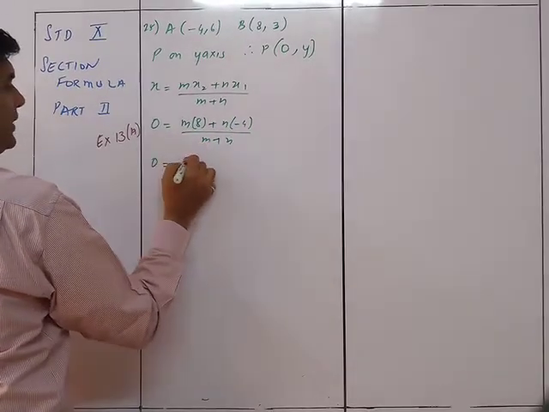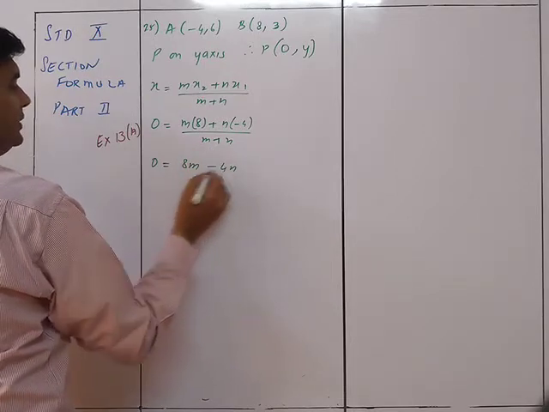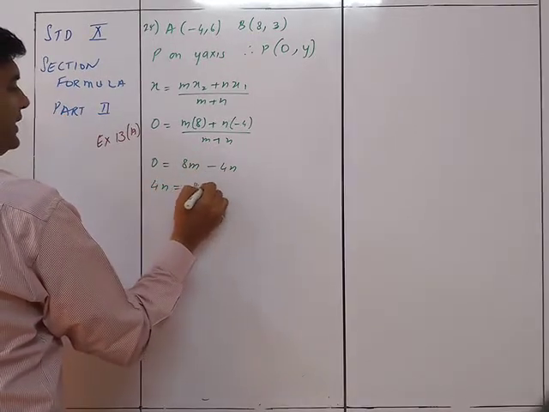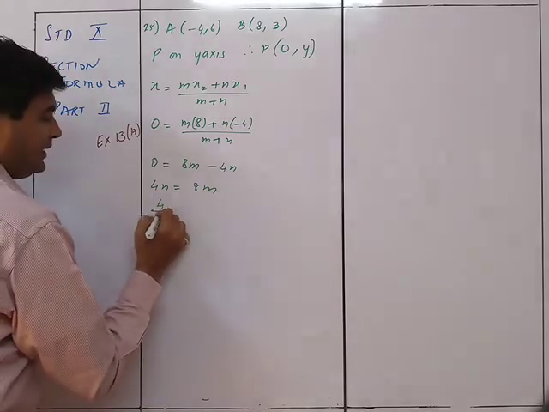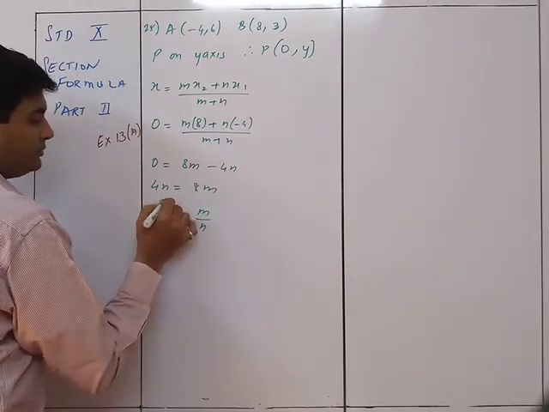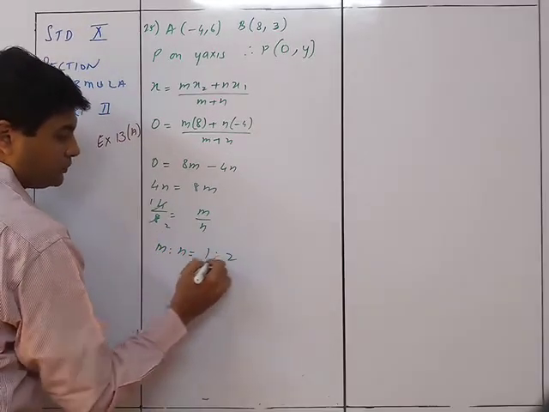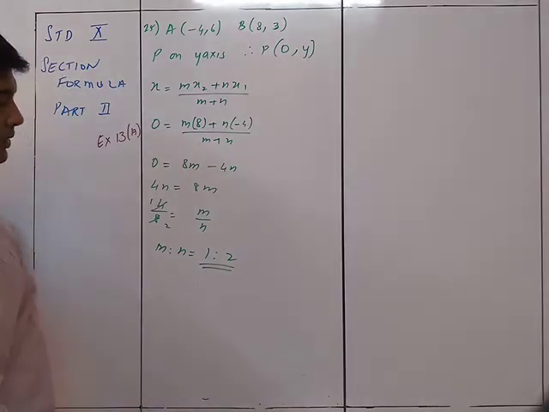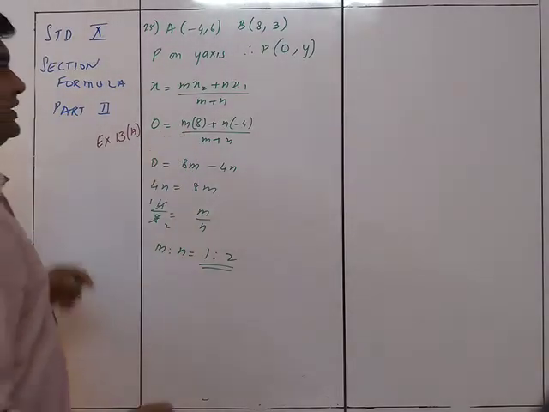So 0 equals 8m minus 4n, so 4n equals 8m. 4 upon 8 equals m upon n. So m is to n equals 1:2.